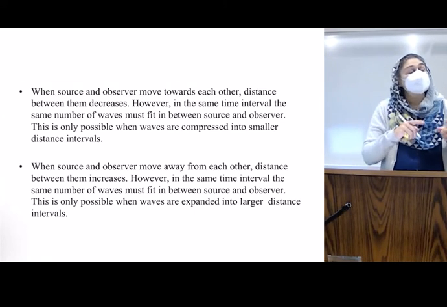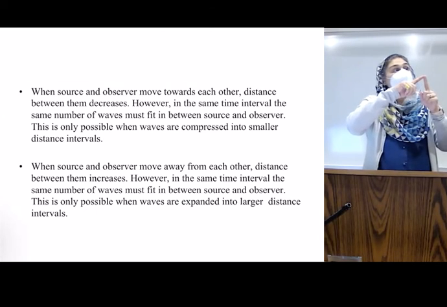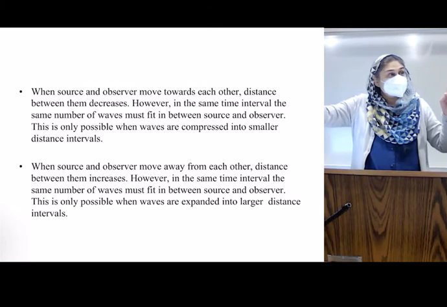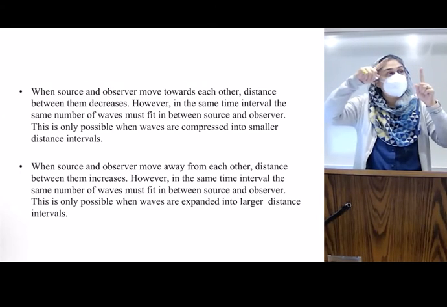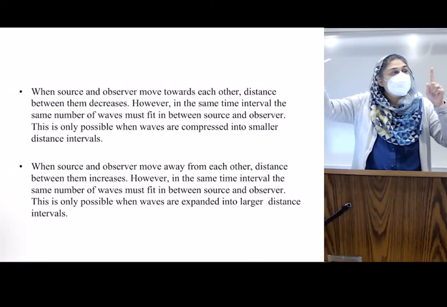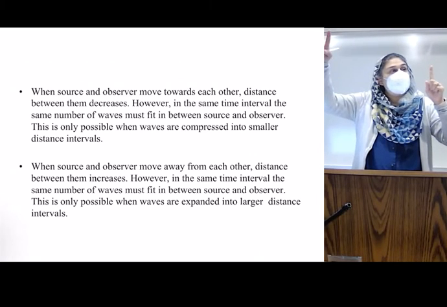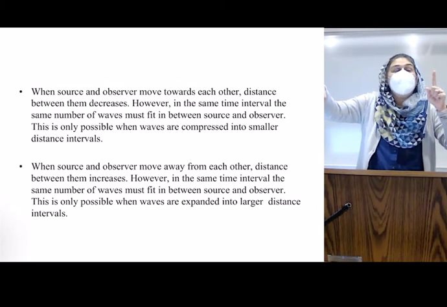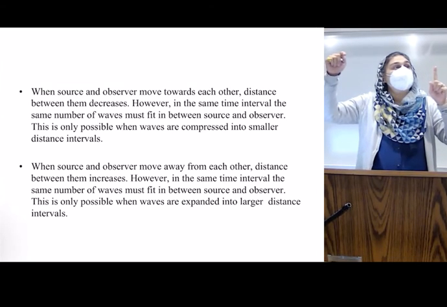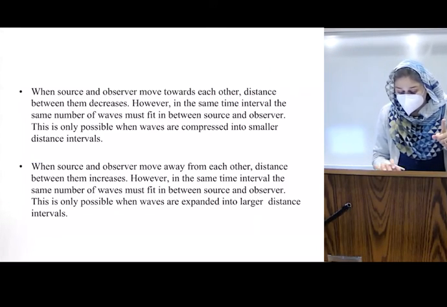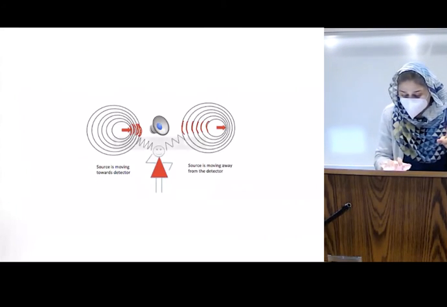On the other hand, if the objects are going away from each other, that means the distance between them is getting larger and larger. That means the frequency must go down, which means the pitch should also go down.